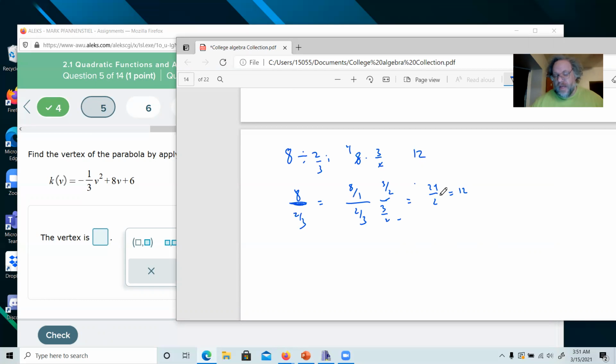And then there's one other way to do this. Again, we know that's the heavy line, so we call this 8 over 1 over 2 over 3, and we multiply by 3 top and bottom, 3 over 3. It's equal to 24 over 2, which is 12.